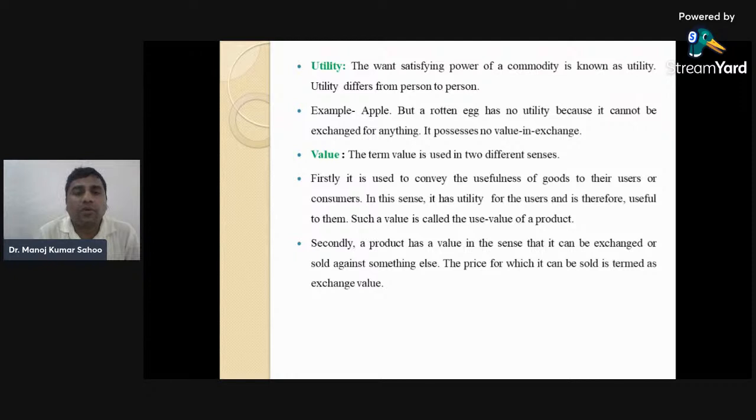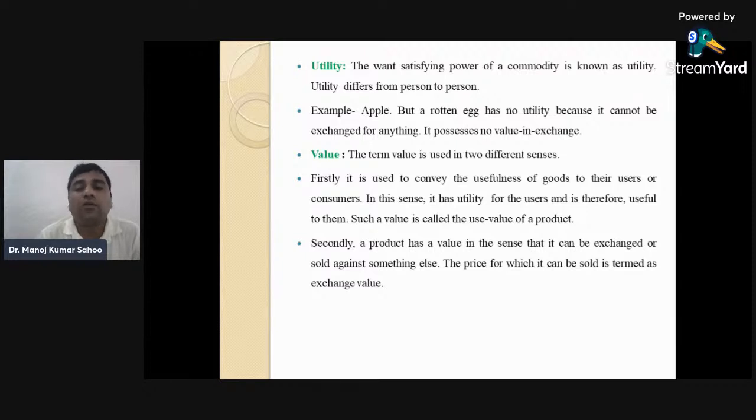If an apple or an egg is rotten, we cannot get any utility or satisfaction from that good. So utility is defined as the want satisfying power of a commodity.